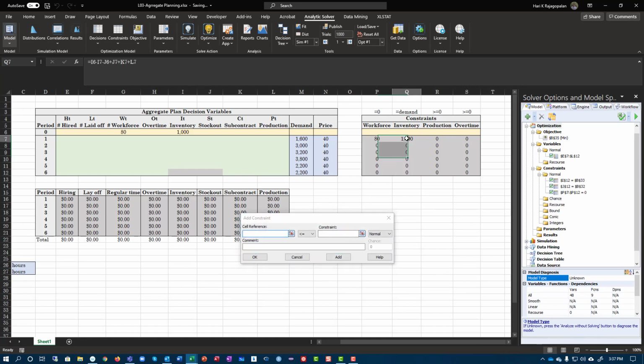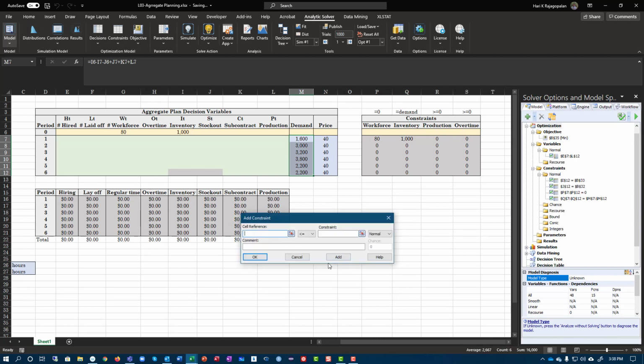Your inventory here is equal to your demand, and you know that because you've told yourself this is what you need to do. Now both these two, production and overtime, are greater than or equal to 0, so you can select both of them and say they are greater than or equal to 0.